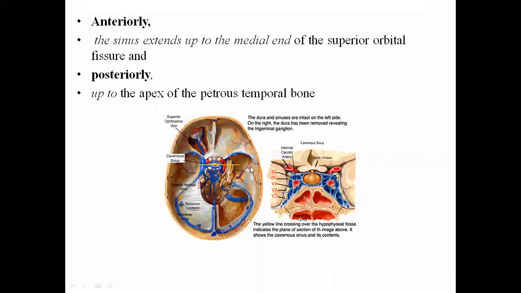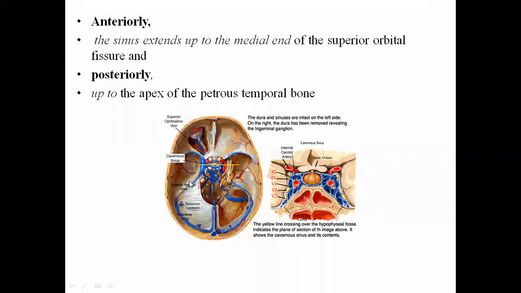Now, anteriorly, the sinus extends up to the medial end of superior orbital fissure. Superior orbital fissure is a gap through which the orbit communicates with middle cranial fossa. So the cavernous sinus can extend up to the superior orbital fissure. Posteriorly, it is extending up to the apex of petrous part of temporal bone.